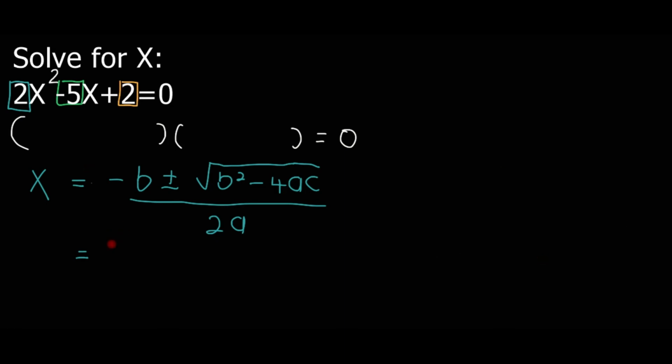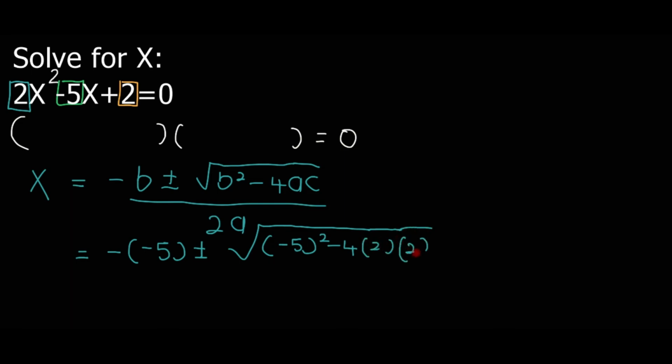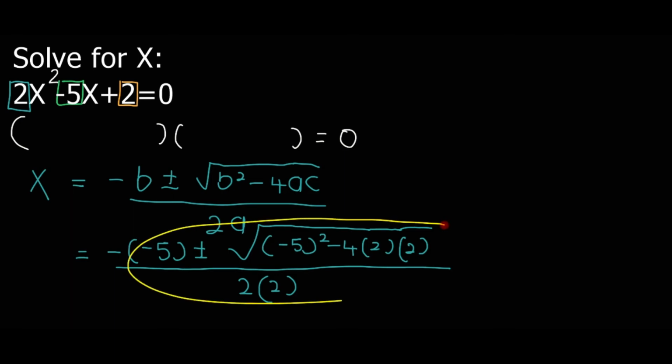So your b is minus, so we see that we have minus and then minus and then plus or minus the square root of b squared and then minus 4, our a is 2 and then our c is 2. So below you have 2 times a, which is this one. So from there you press everything on the calculator.